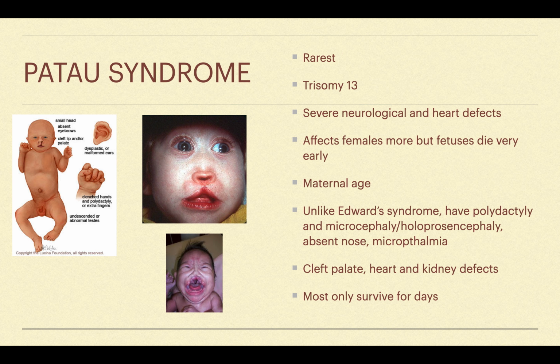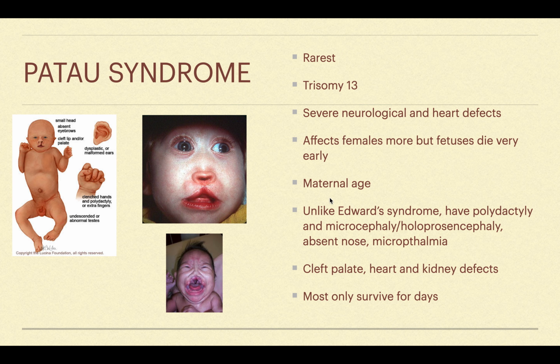Patau syndrome is by far the most dangerous. It's the rarest. It's trisomy 13, and 13 is larger than the other chromosomes that have been triplicated. It's associated with severe neurological and heart defects. This usually affects females, but most of the fetuses just die very early, within days or weeks after birth.